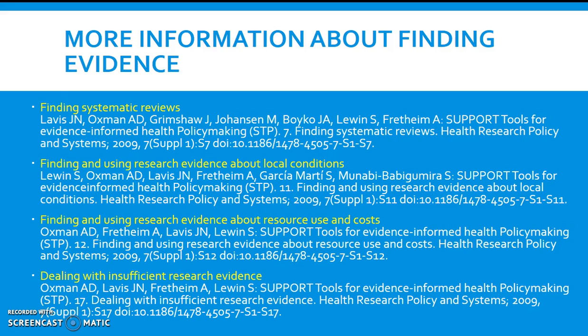In terms of more information about finding evidence, some of this has already been covered in the previous module in South Africa, but to find systematic reviews, the support tool number 7, finding systematic reviews, the one that we've been focusing on in this module, number 11, finding and using research evidence about local conditions, number 11 there, finding and using research evidence about resource use and costs, number 12, which will support the latter part of this course, and then the situation of dealing with insufficient research evidence is a special issue, number 17.